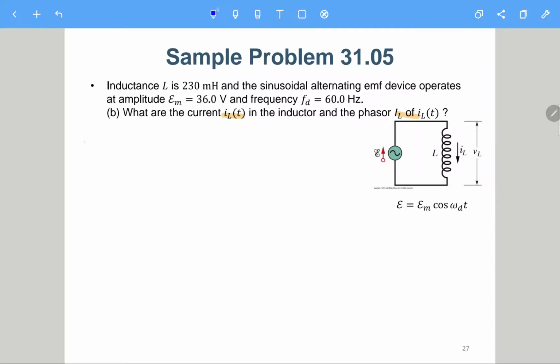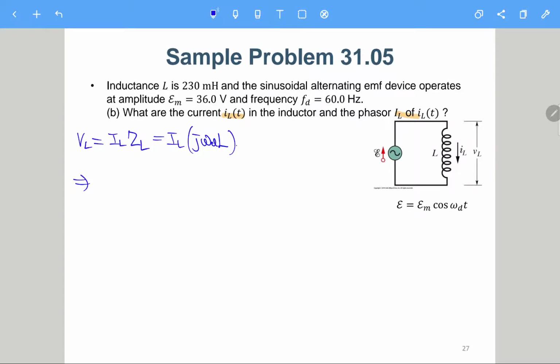So for the IL, of course you can write it as VL equals IL times ZL. And ZL is actually j omega L. So this is ZL.